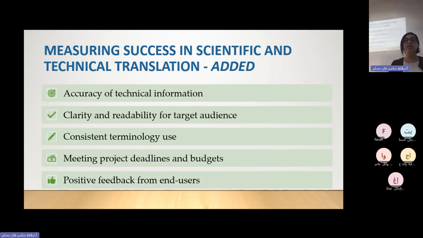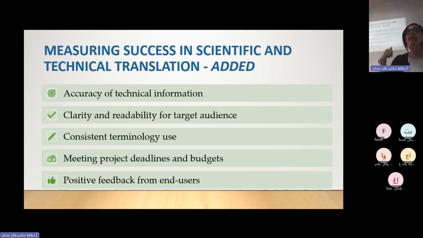All right, measuring success, which I also added, I will go fast. Accuracy, clarity, consistent terminology use. If I used this translation for this word, I need to keep on using it. Meeting project deadline and budget and positive feedback from end users.